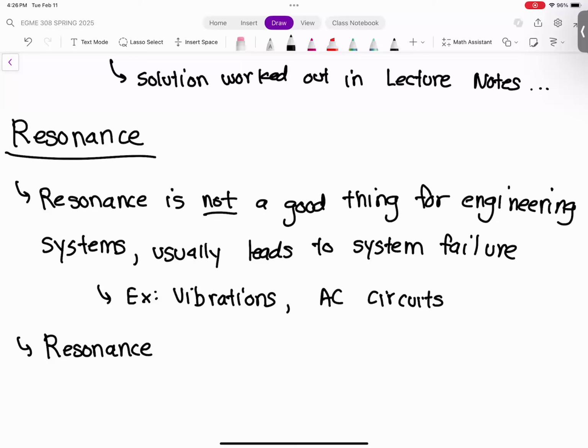Resonance is basically a high amplitude oscillation or high amplitude vibration that occurs when a system is forced at its natural frequency.